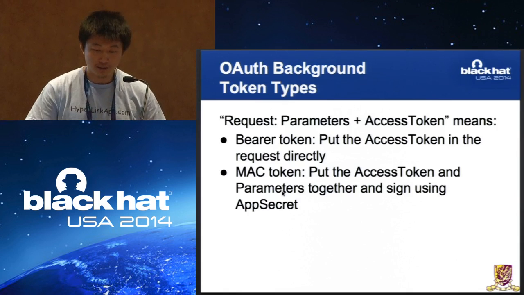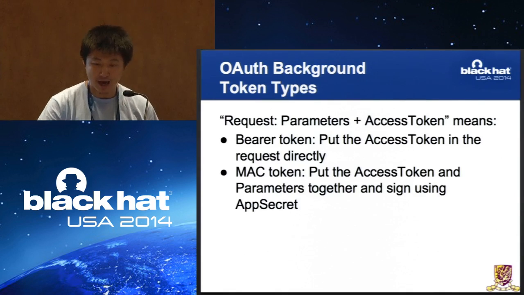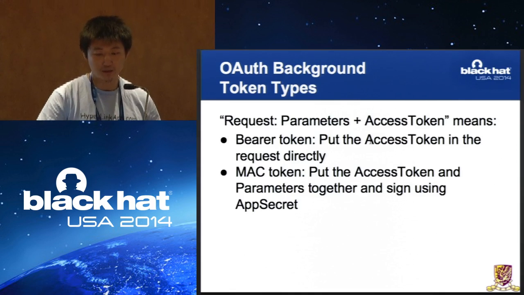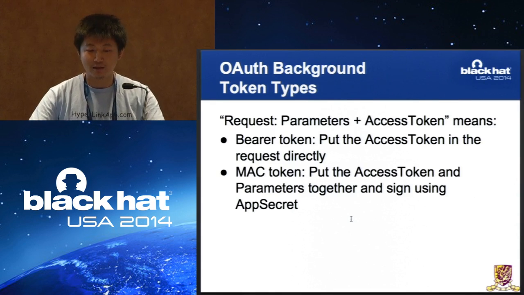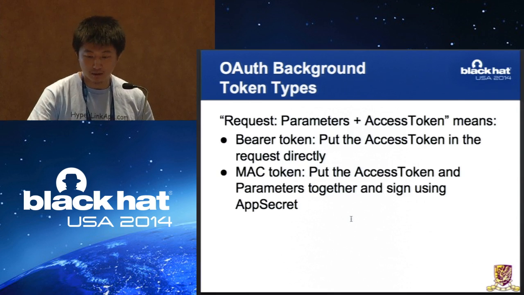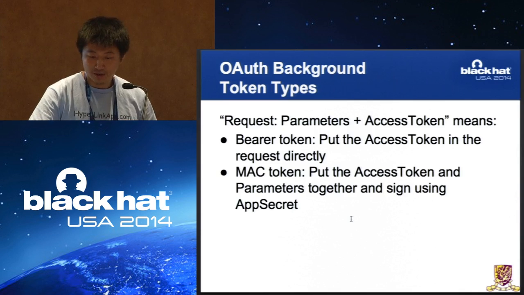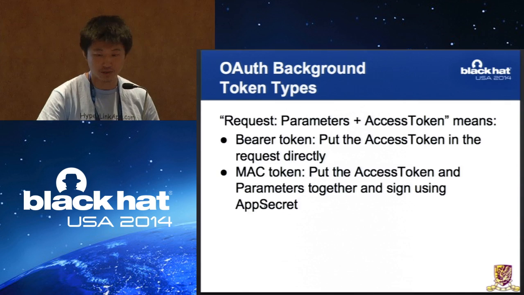During the request, the access token can be used in a bearer token style, that is to put the access token in the request directly somehow, or used in MAC token style, that is put the access token together with the parameters and do some signature on the canonical string, of course with the app secret. So the MAC token flavor involves the app secret, so this is the preferred use.